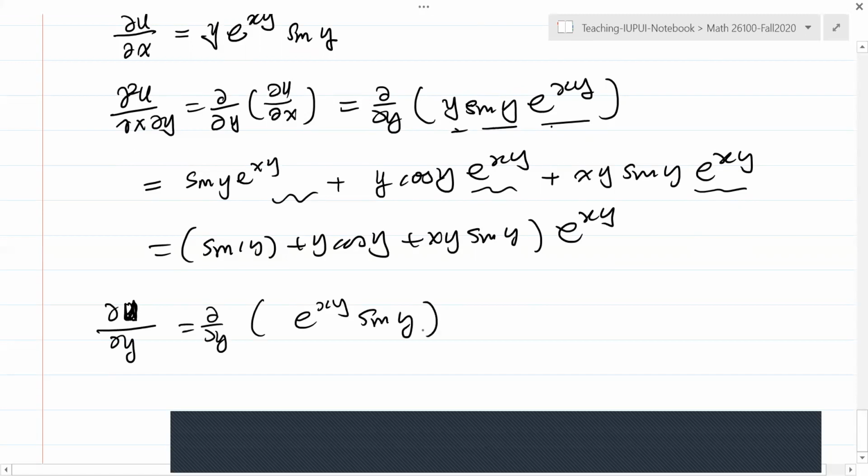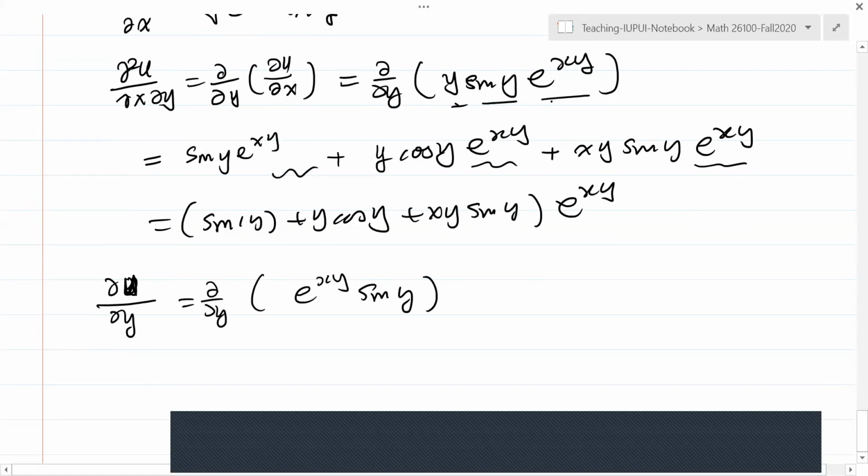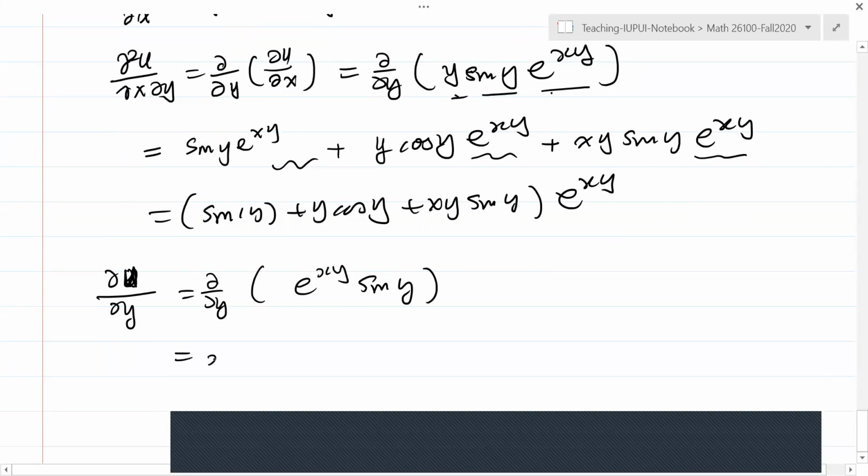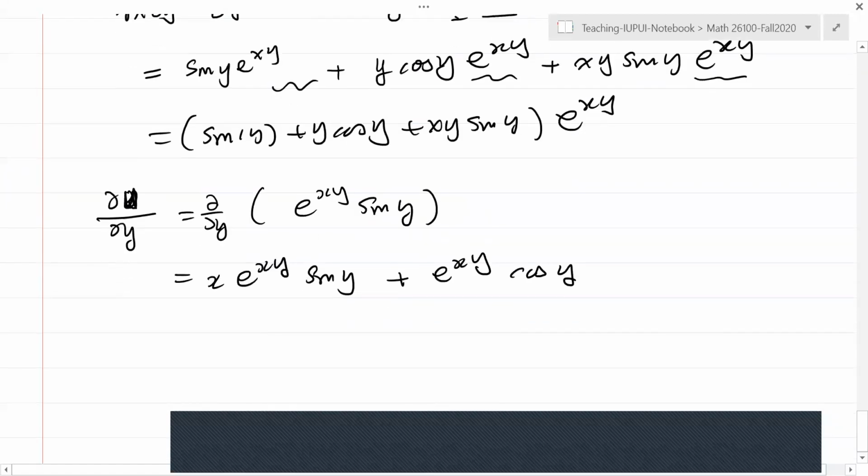So you apply the product rule. For the first term, you will get x e to the xy. The second term is cosine y, so view x as a constant, then differentiate with respect to x variable. Now x is after the y variable, so when you look at this, you have to apply the product rule here. So it'll be x e to the xy.